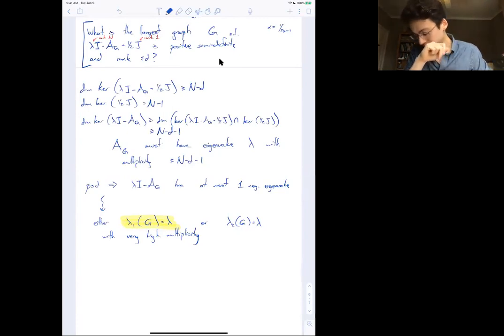So there's a large dimensional space of things which are killed by lambda I minus A_G, and this is the lambda eigenspace of A_G. I hope that was clearer than my first explanation. This is the key point: we have large eigenvalue multiplicity, and from now on I just need to study what it means for a graph to have some top or second highest eigenvalue with large multiplicity.